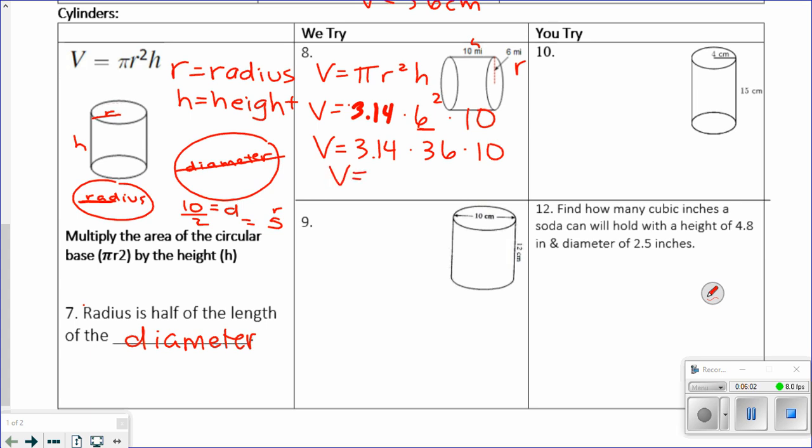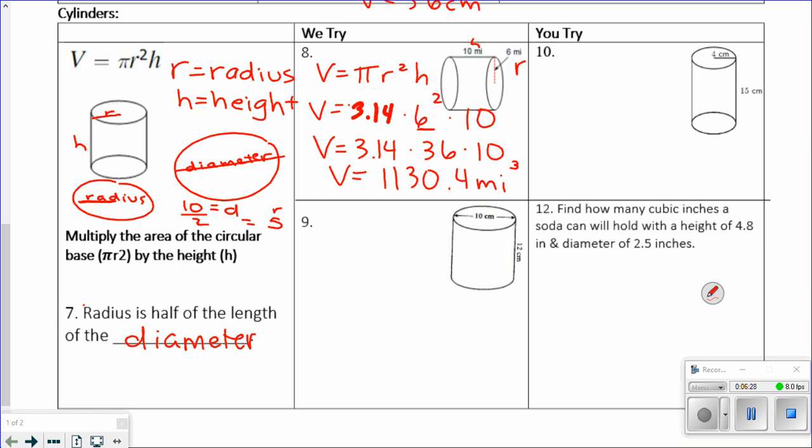Now you can multiply just 3.14 by 36 and then see what you get times 10, or you can put them all in your calculator. 3.14 times 36 times 10, and you should get 1,130.4. And we'll cube those units again. Okay, so hopefully you got that as your answer when you put it in your calculator as well.